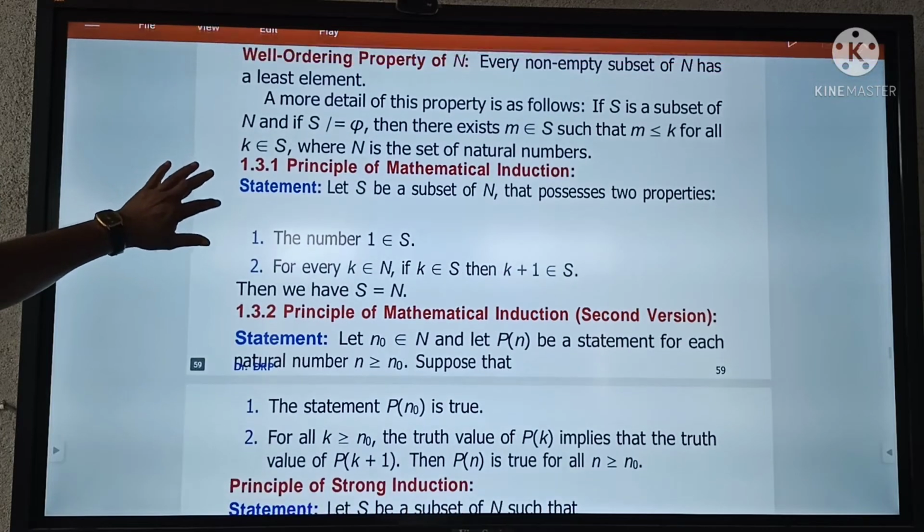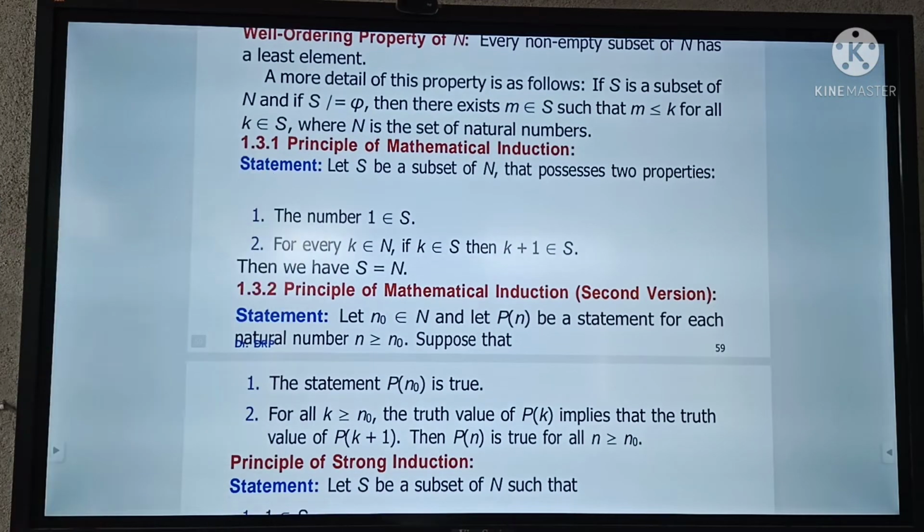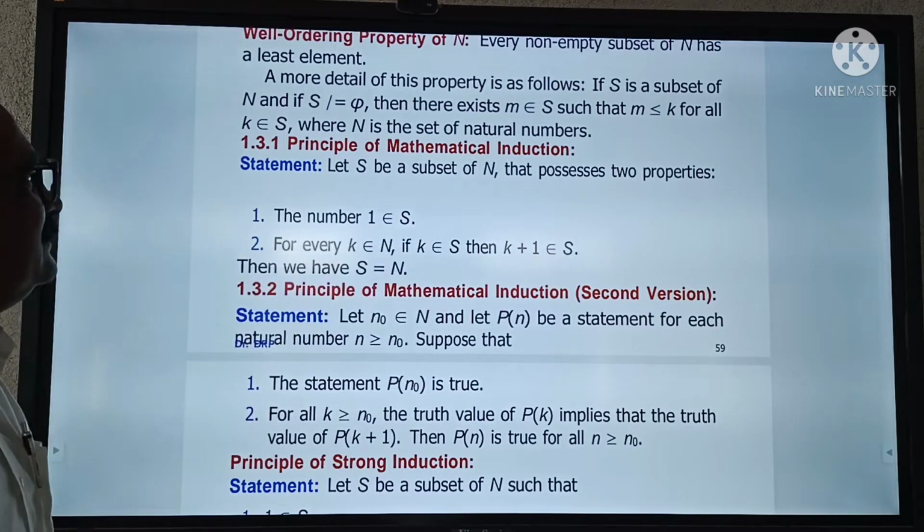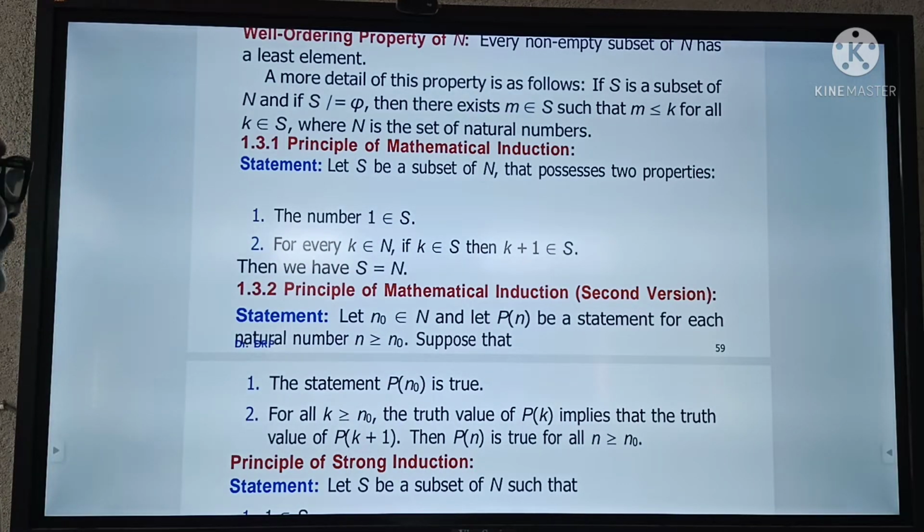Now, the principle of mathematical induction. We have seen it in 11th or 12th standard, but now we have to study it in detail. The statement is: let S be a subset of N that possesses two properties.